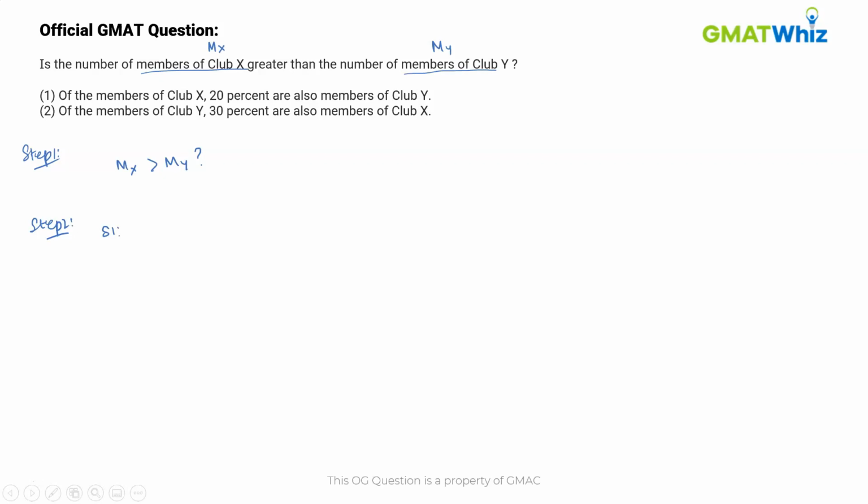Now, let's move on to step 2 and analyze statement 1. In statement 1, we are given that of the members of Club X, 20% are also members of Club Y. This means that 20% of members of Club X, that is MX, is equal to the members of X and Y. Now, we can write this as 0.2 times MX is equal to M of X plus Y. However, we cannot infer anything from this statement.